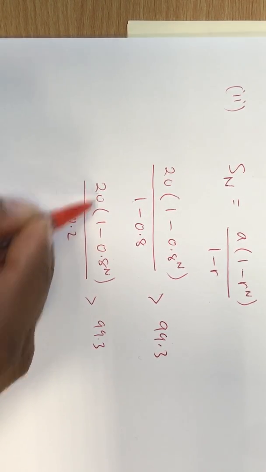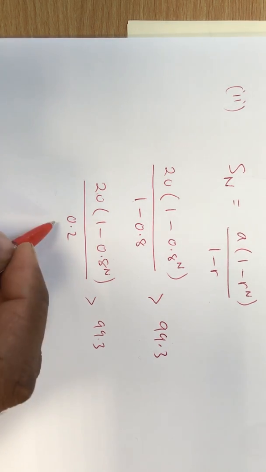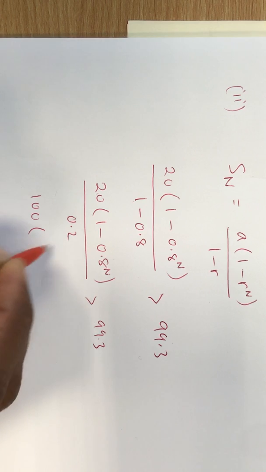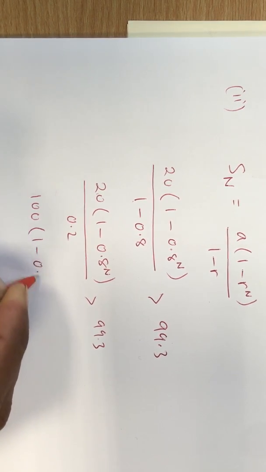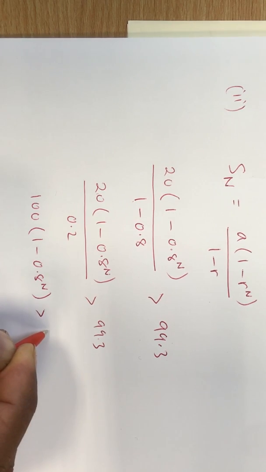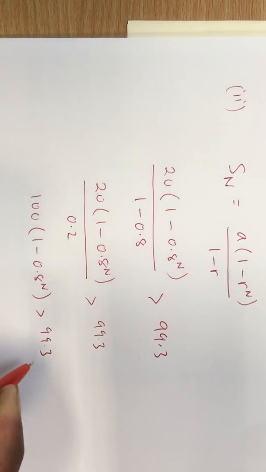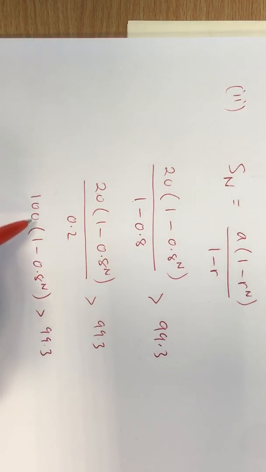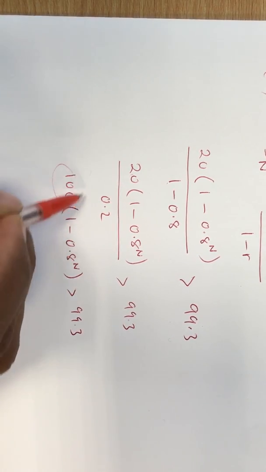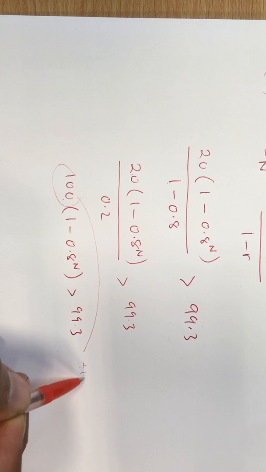99.3. 20 divided by 0.2, again do that in your calculator, and that will give you 100 multiplied by 1 minus 0.8 to the power n is greater than 99.3. I'm going to take the 100 to the other side by simple division. That's been times here. I'm taking that to the other side by dividing it by 100.